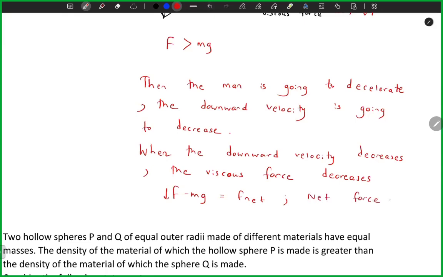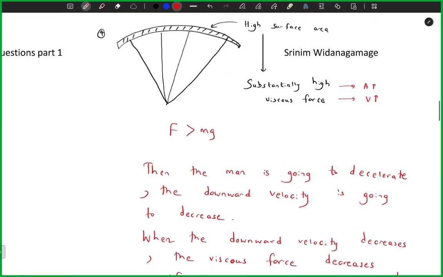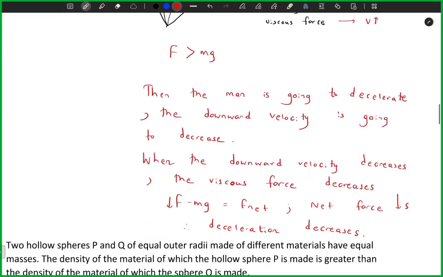What happens when the net force decreases? Therefore, deceleration decreases. See how deeply we can get into a question. Deceleration decreases. That means the rate at which the downward velocity decreases.